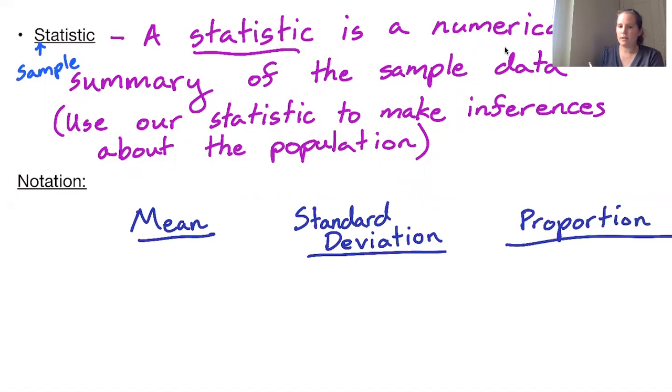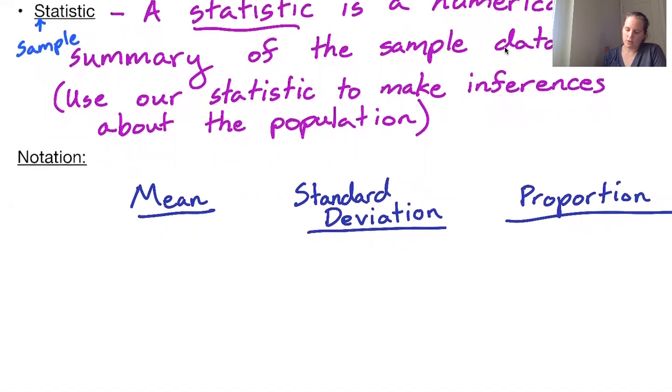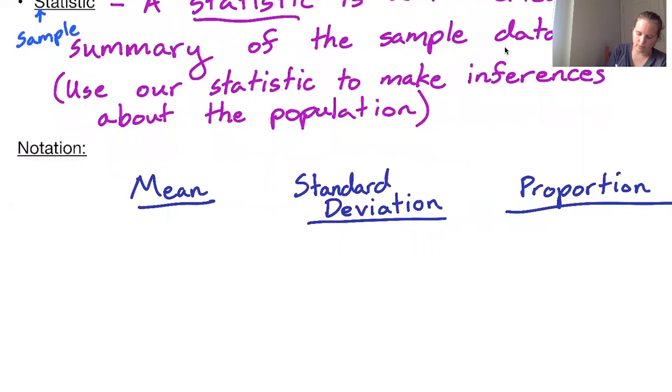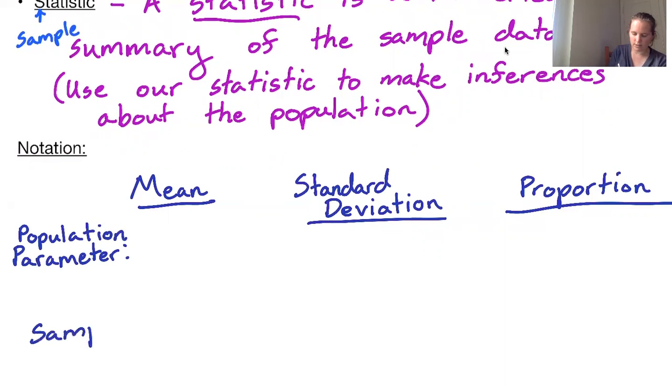These are our three main statistics and parameters we will work with. So we will have the notation for the population parameter, and then we will have the notation for the sample statistic. So this is the population parameter versus the sample statistic.